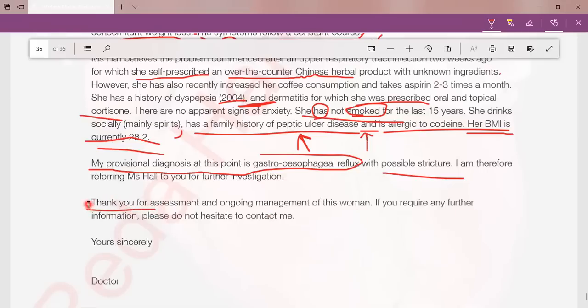This is called thanking, but for me, it is good to start by thank you for seeing, and this will be enough. Assessment and ongoing management, including investigations of this woman. If you require any further information, please do not hesitate.